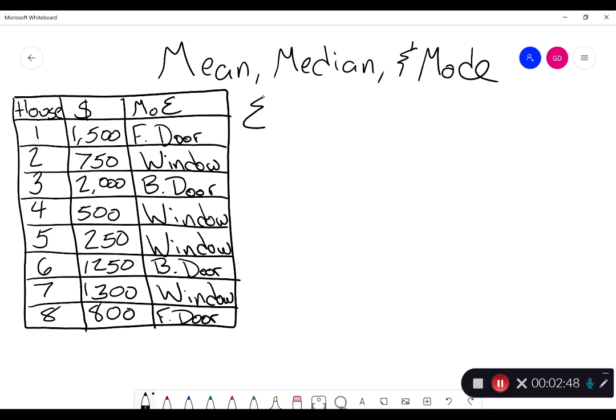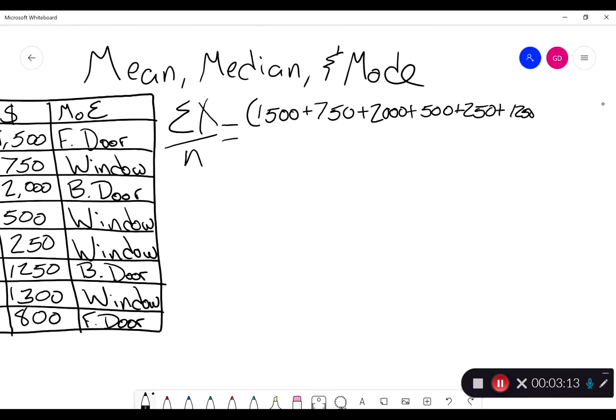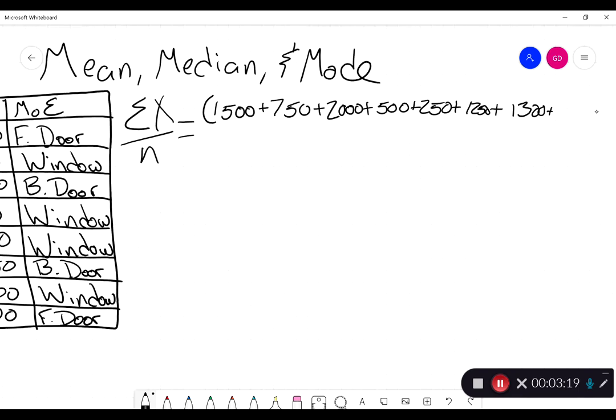So it's the sum of x over n, which would then equal 1,500 plus 750 plus 2,000 plus 500 plus 250 plus 1250, plus 1300 plus 800. And that's all over 8.